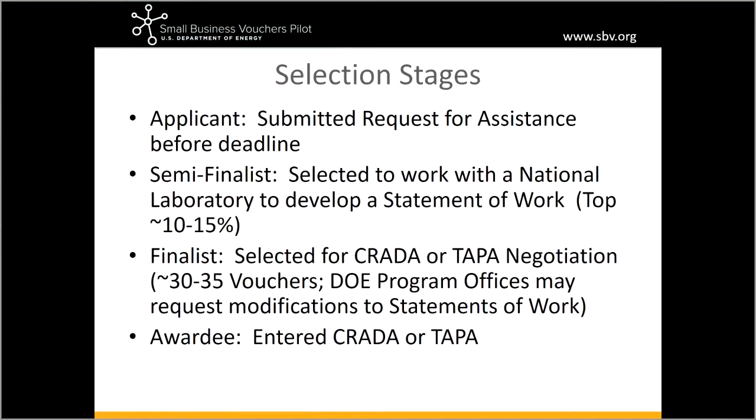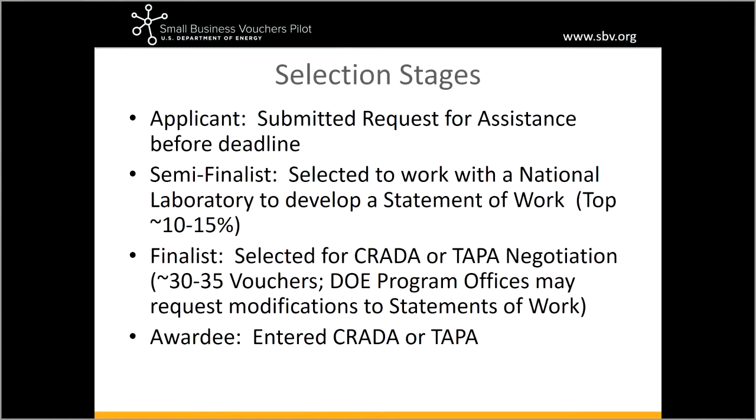A CRADA is a cooperative research and development agreement. That is an agreement that enables a private sector entity such as your company to collaborate formally with a national laboratory. So in cases where the company is doing work and the laboratory is doing work, normally the CRADA is the right mechanism for that.